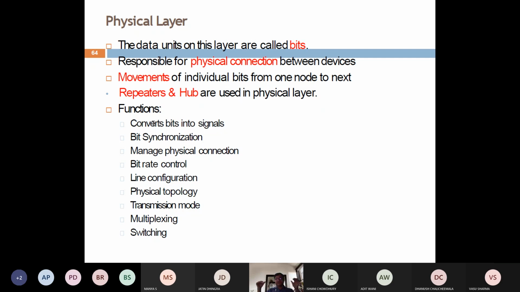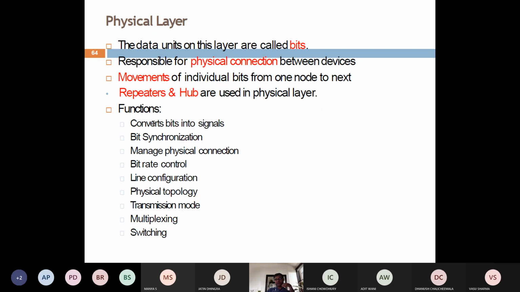Then if we are using any kind of multiplexing, which we have not discussed till now, I will give you an example. If more than one signal is coming, say 1, 2, 3, 4 signals, and they are combined by a system, we get a single signal or single wave, which is transferred by the transmission medium.